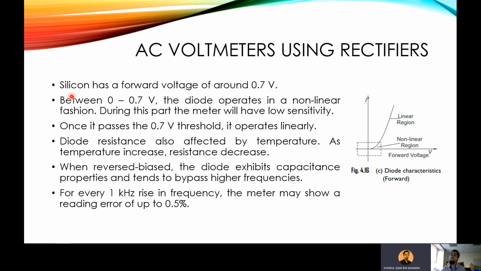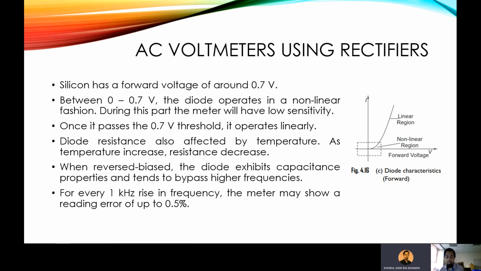Now, let's say I'm using silicon. Silicon has a forward voltage of around 0.7 volts. That means between 0 to 0.7 volts, the diode operates in a non-linear fashion. So during this part, the meter will have low sensitivity.